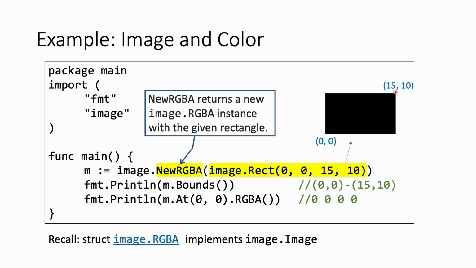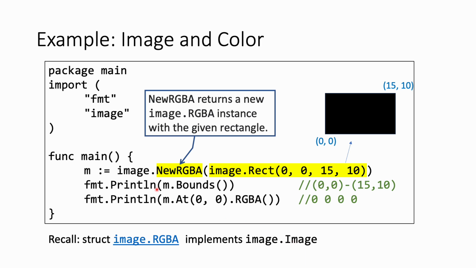Recall that the struct image.RGBA implements the image.Image interface. So variable M is a value of the interface image.Image.